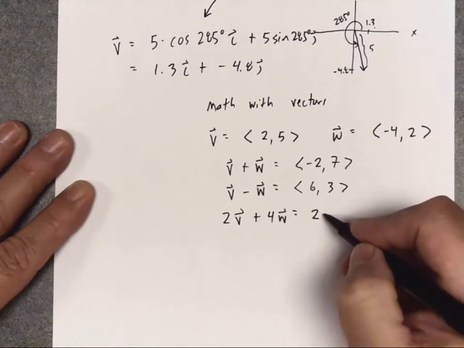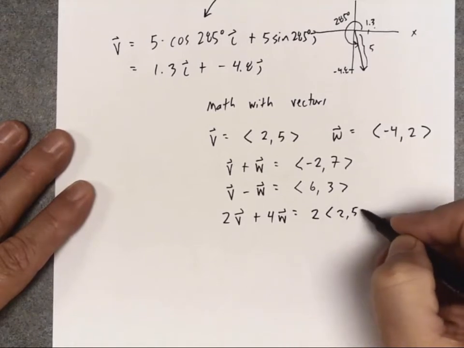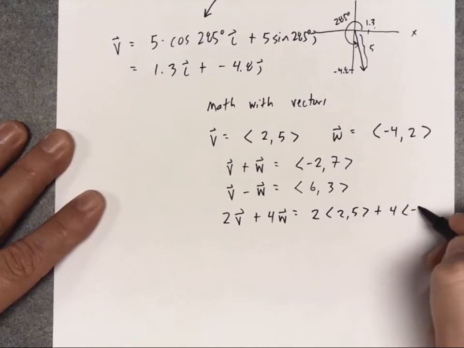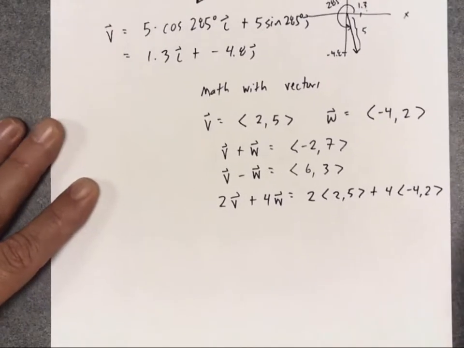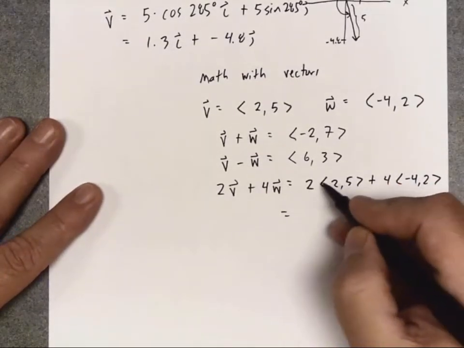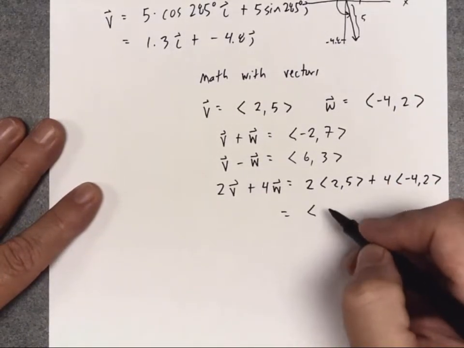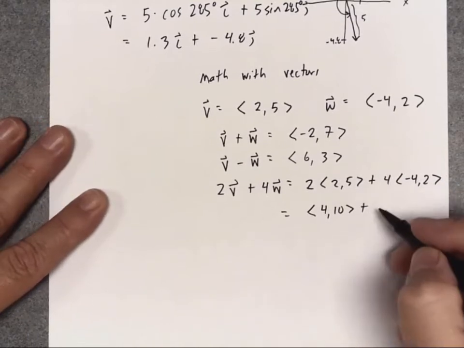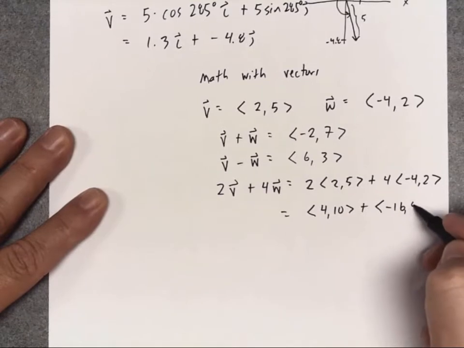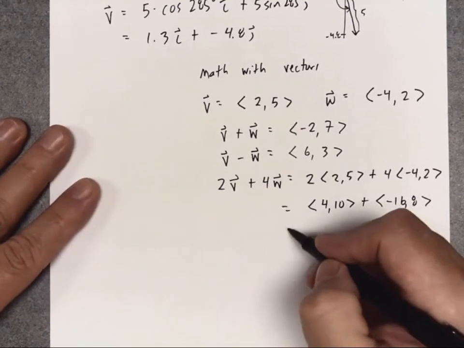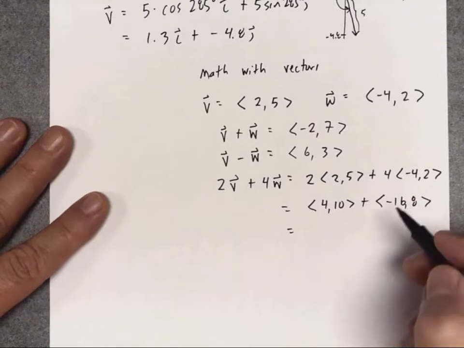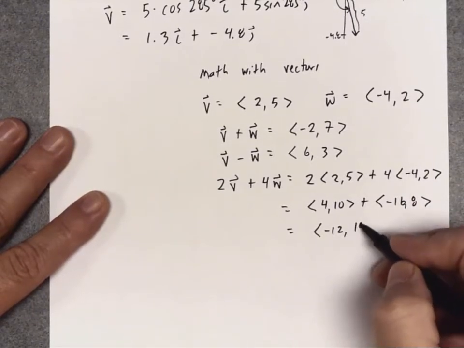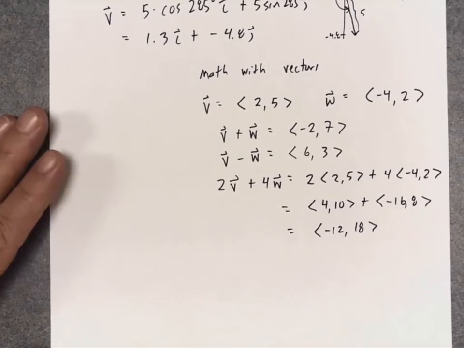Really what it is, 2 times the vector v plus 4 times the vector w. If I multiply out these vectors, this first vector now becomes <4, 10>, and the second vector becomes <-16, 8>. So now finally adding them together, 4 plus negative 16 is negative 12, 10 plus 8 is 18. Hopefully I didn't make any math errors.